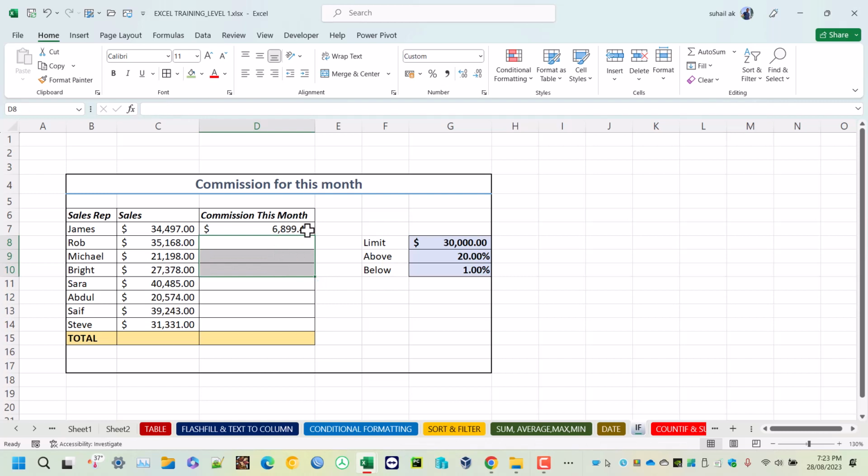Let me go to the very first one. I did 50% of the task and 50% of the task was done by Excel. What are the things I did? I analyzed the number of the first person and picked the percentage based on the number.